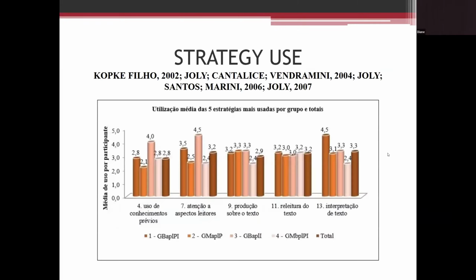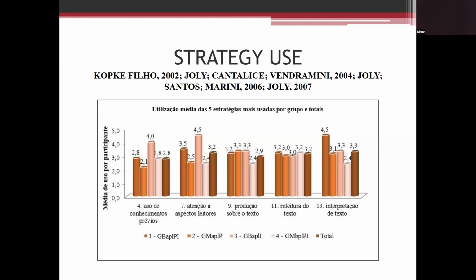Next slide, please. So the next graph is our second measure of metacognition in L1 reading. This is about my instrument. It was analyzed using a taxonomy of 67 reading strategies made from a reunion of a lot of researchers that I mentioned there.